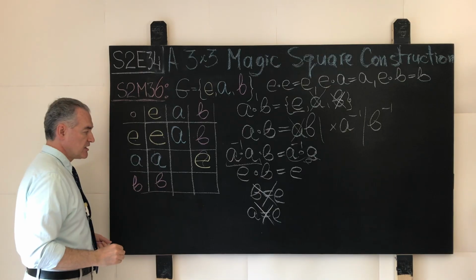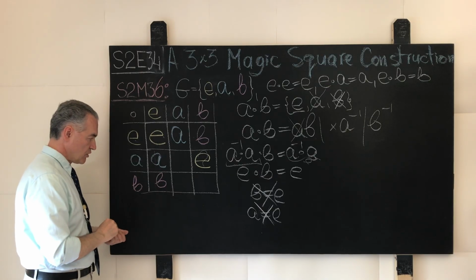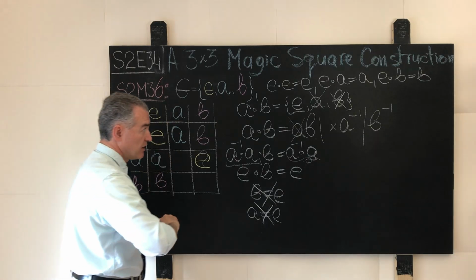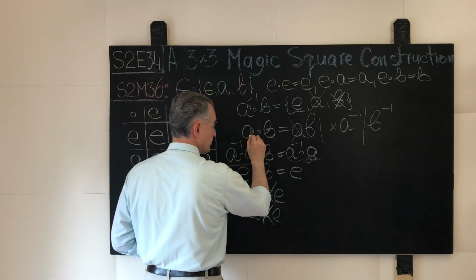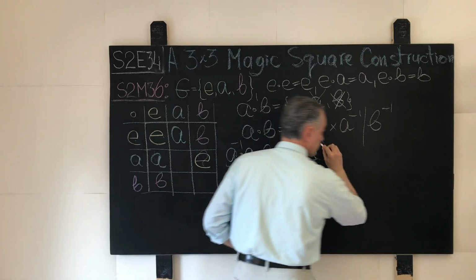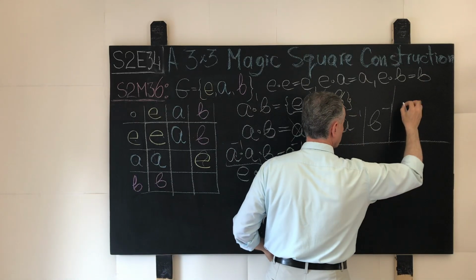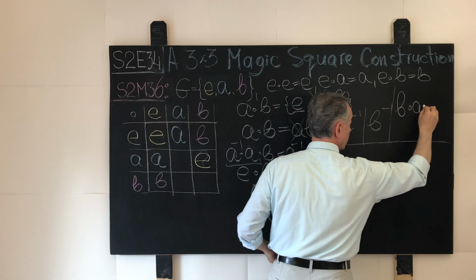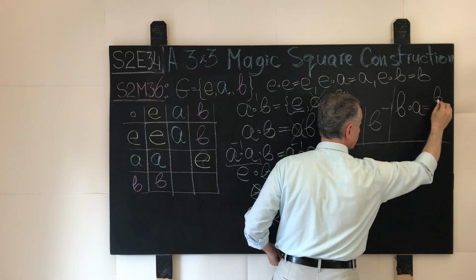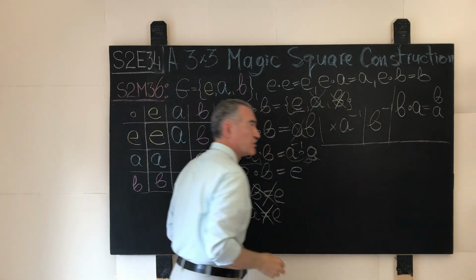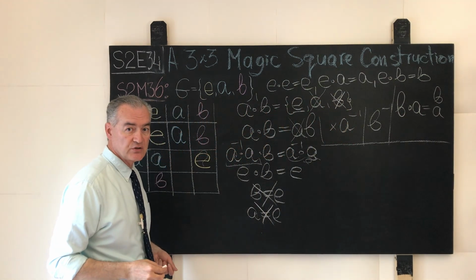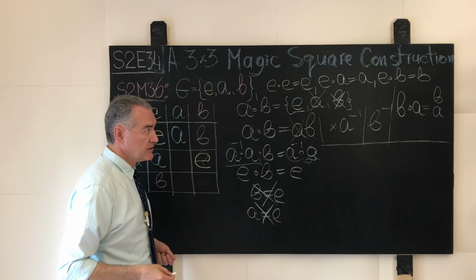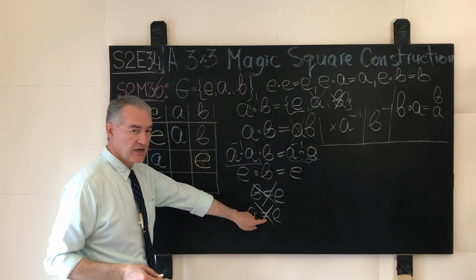By exactly the same maneuvering, we can establish that the product between the elements B and A, here it was A times B, but separately we do B times A. Again, if we try to equate the result of this product to B, or to A, we derive a contradiction that either A or B must be the identity element.